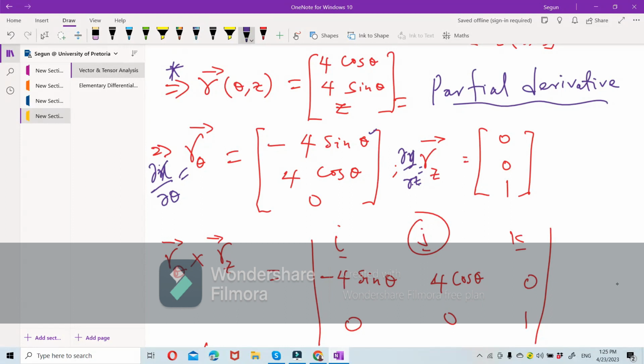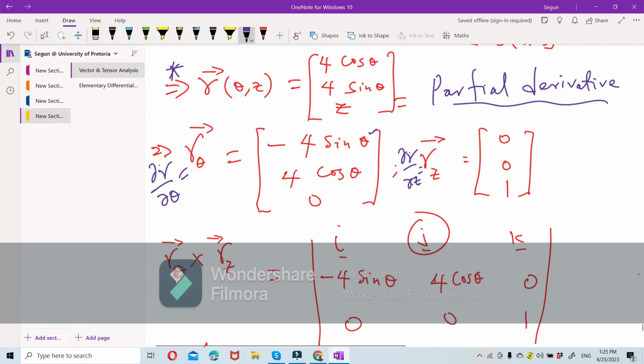We've done the Z too. So each of them, we are doing everything together. We are using the entire R, please take note of that. That's why we said R subscript theta and R subscript Z. So it simply means the entire thing, you are differentiating it with respect to theta and with respect to Z.